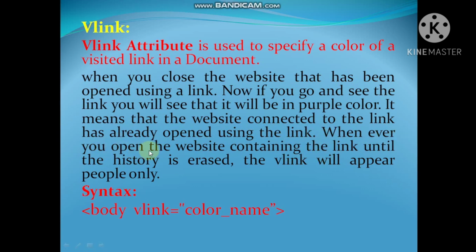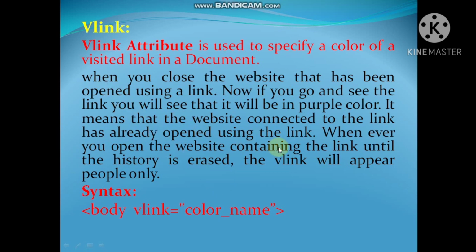Whenever you open the website containing the link, it stays until the history is erased. If you erase the history, then if you open that one, it displays in the same link color. Visited link color can be changed.